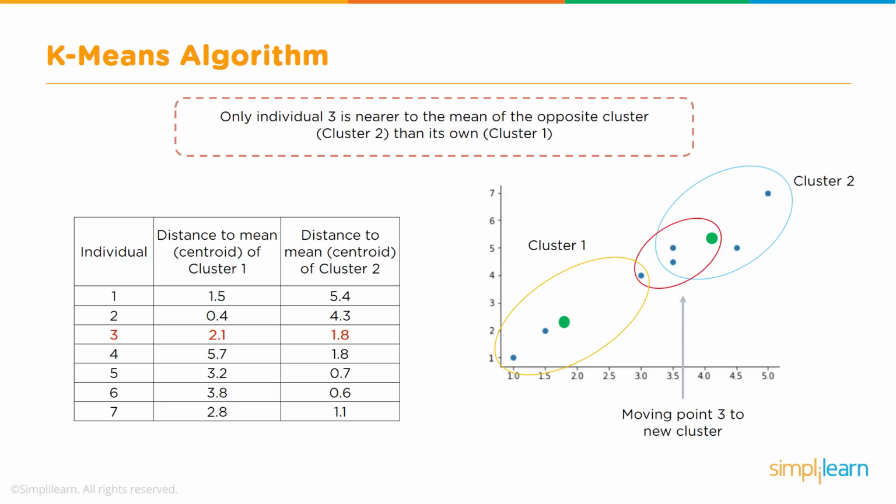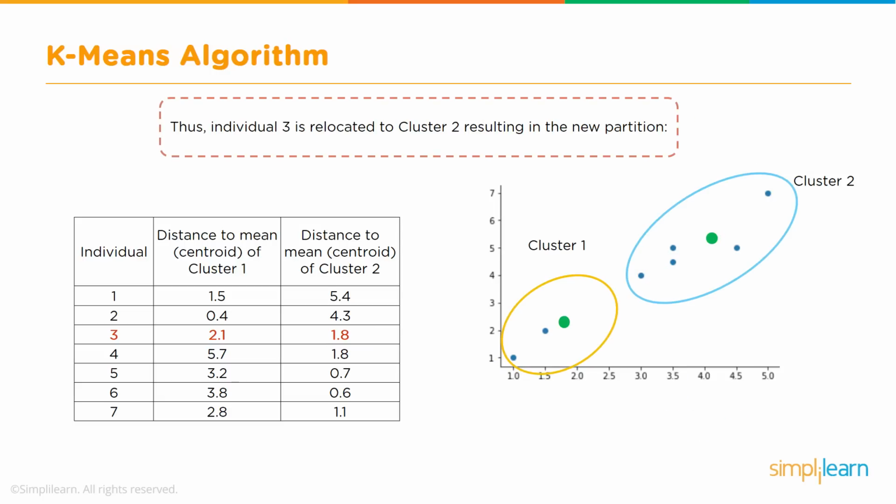Only individual 3 is nearer to the mean of the opposite cluster, cluster 2, than its own cluster 1. And you can see here in the diagram where we've circled that one in the middle. So when we've moved the centroids of the clusters over, one of the points shifted to the other cluster because it's closer to that group of individuals. Thus, individual 3 is relocated to cluster 2, resulting in a new partition.